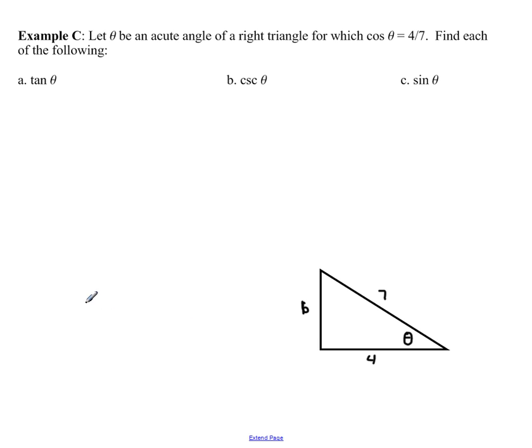And so we're going to have to go about our Pythagorean theorem formula a little bit differently. Remember that the square of the length of side A added to the square of the length of side B would be equal to the square of the length of side C, our hypotenuse.